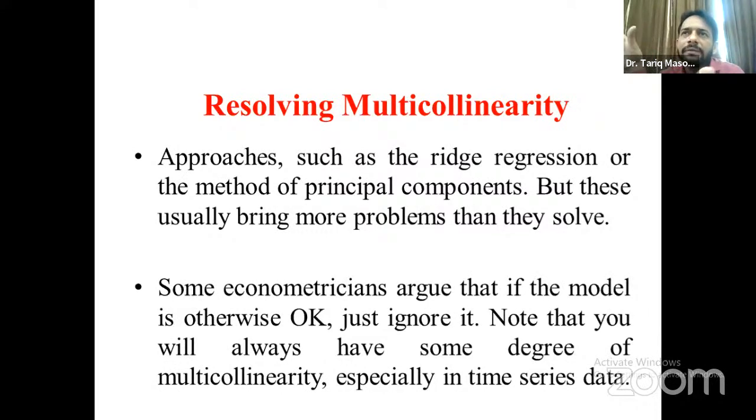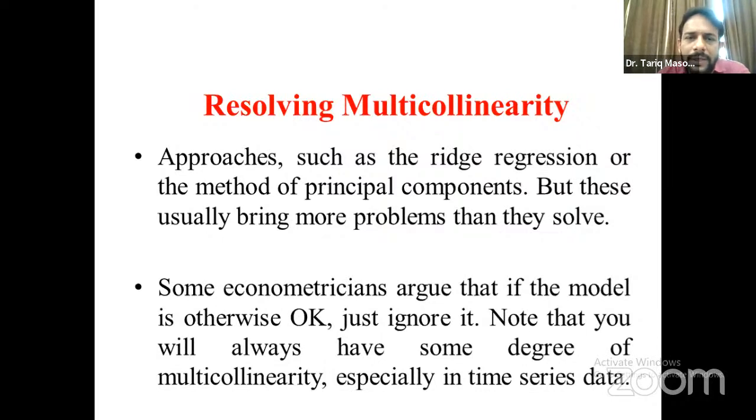When you have a number of variables, you can get a composite variable by using the principal component method. So you can club a number of variables into a new index, which is representative of all those variables. In that way, you can significantly reduce the number of independent variables used in the model.